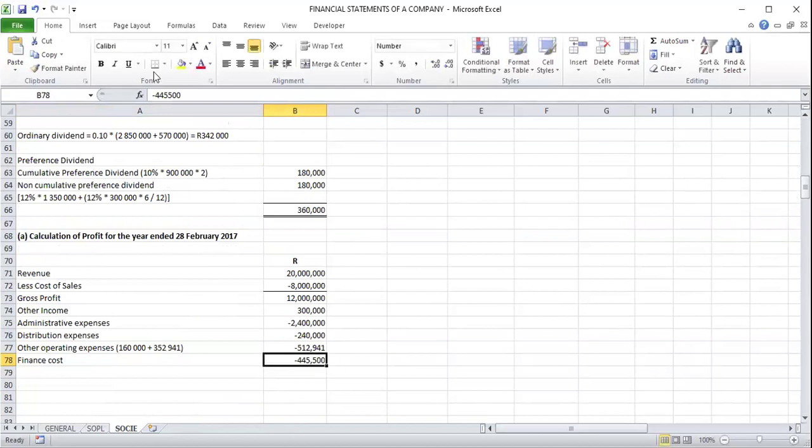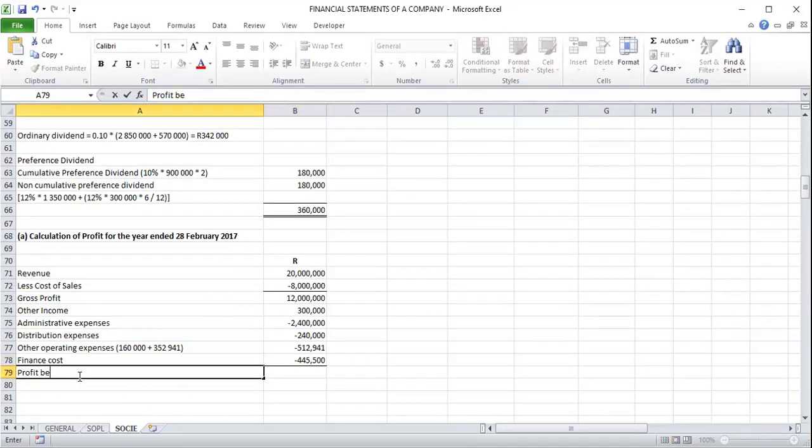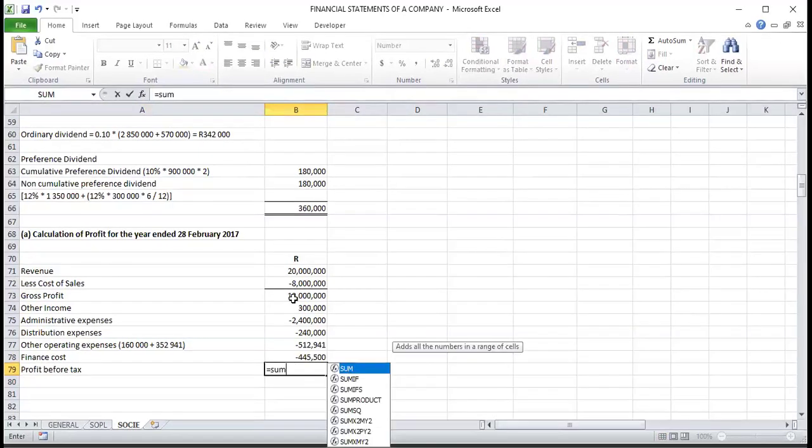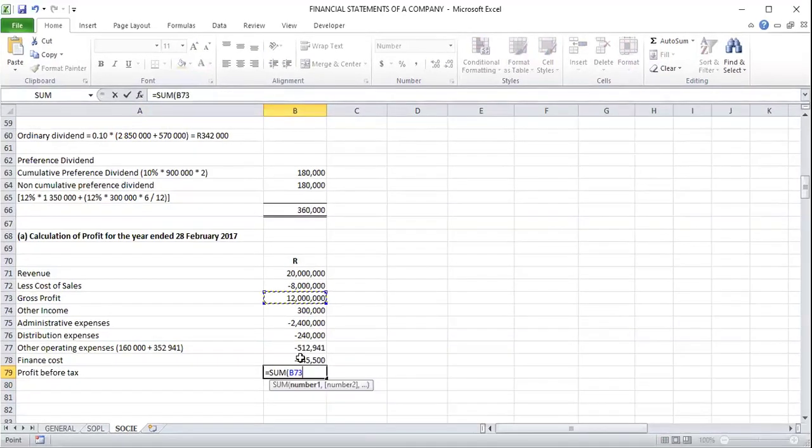Right. We then get our profit before tax. Right.